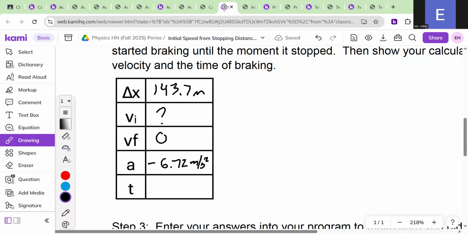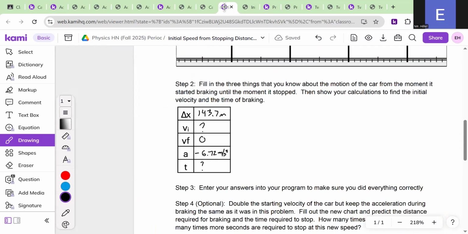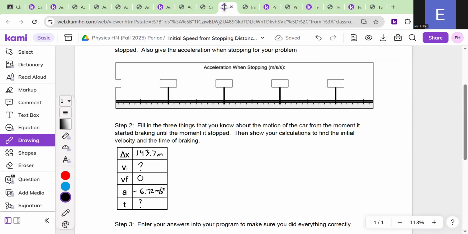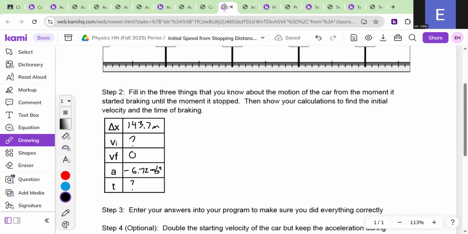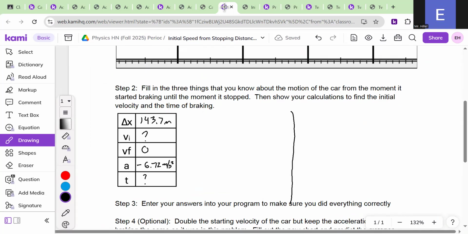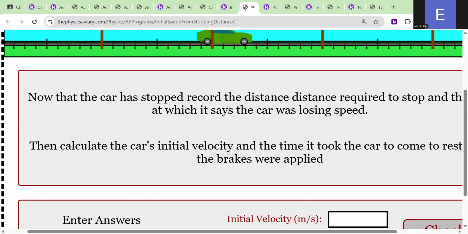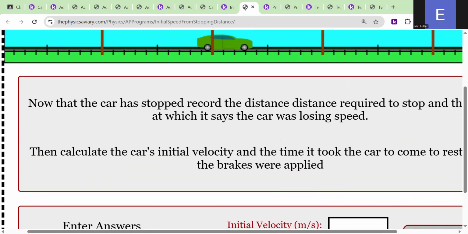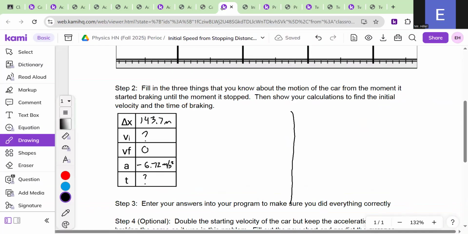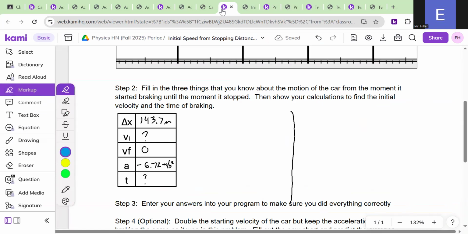And I don't know the initial speed and I don't know the time. So I need to find the initial speed and I need to find the time. Well, let's see what we could do here. I could group these variables together right here.